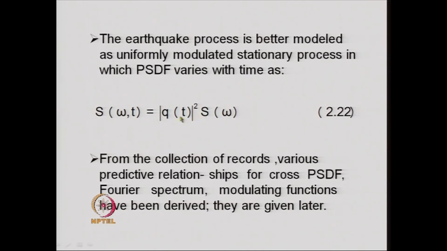So, in order to describe the evolutionary power spectral density function of ground motion, we must know the modulating function as well as the power spectral density function of the ground motion. These two inputs are provided for analyzing the structure.